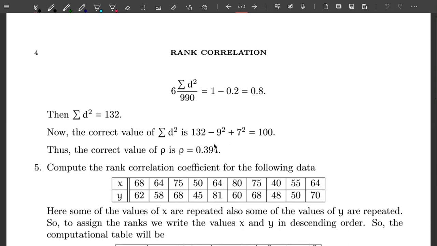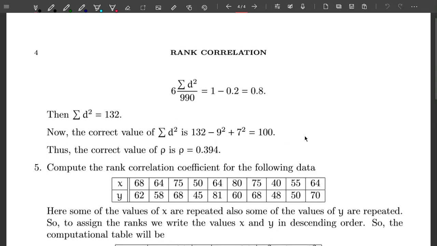So subtract the wrong value, that is minus 9 square, and add or replace it with the correct value. The correct value was 7 square. So summation D square is now equal to 132 minus 9 square plus 7 square. So the correct value of summation D square is 100.